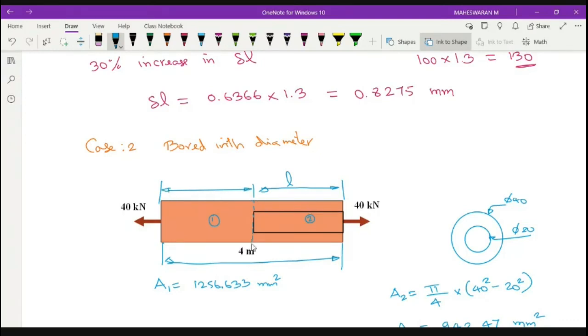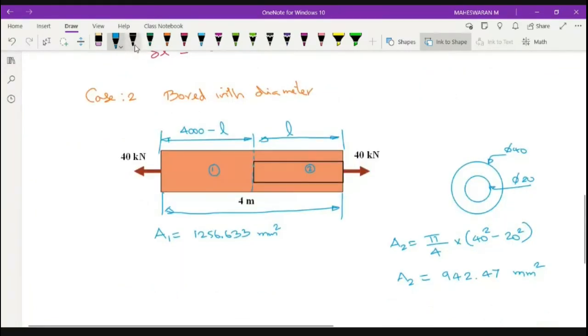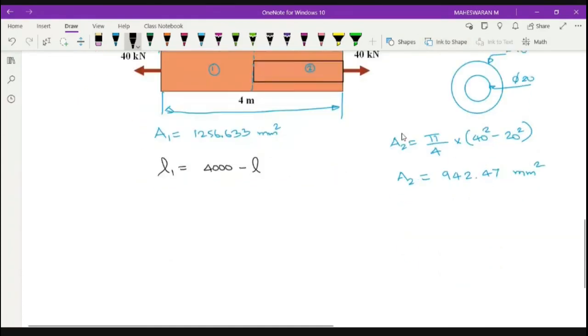It is 4000 minus L, because I don't know this length, right? So this is my L1. My L1 is 4000 minus L. So L2 here is nothing but L, right?